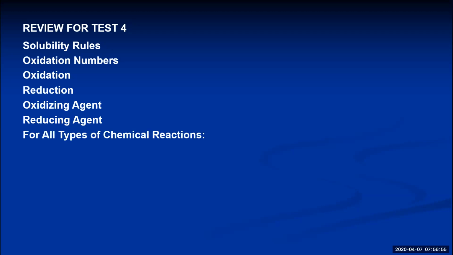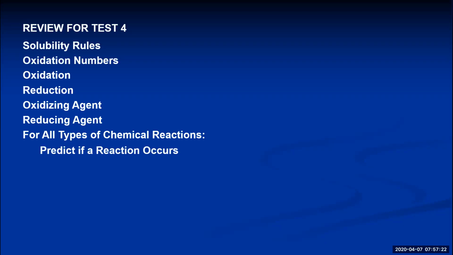Then a large portion of the test will be you writing balanced chemical equations, for all the types of chemical reactions we've talked about, which are combustion, replacement, composition, decomposition, the different types of exchange reactions that form precipitates, waters, or gases, and then the 2 non-obvious reactions, the Bronsted acid-base and the non-obvious oxidation reduction reactions.